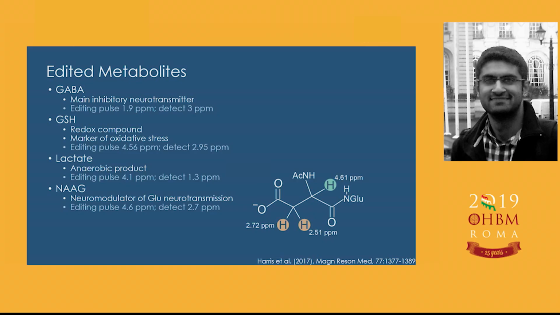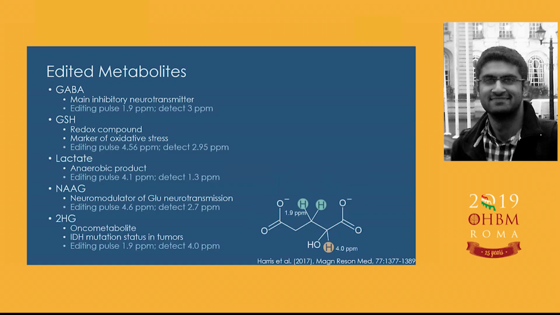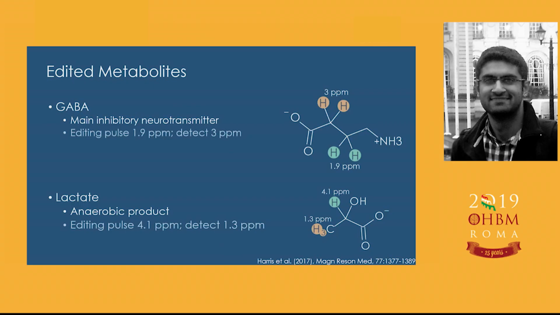You have NAAG, a neuromodulator, measured by applying the editing pulse at 4.6 ppm and detecting at 2.7 ppm. And we have 2HG, an oncometabolite that tells you the IDH mutation status in tumors. It can be measured by applying the editing pulse at 1.9 ppm and detecting at 4 ppm. In the next slides, I will focus on GABA as the main metabolite for editing, and I will also touch on lactate.